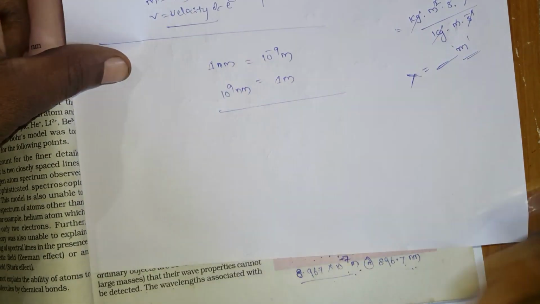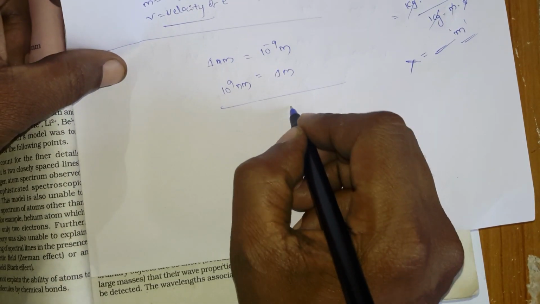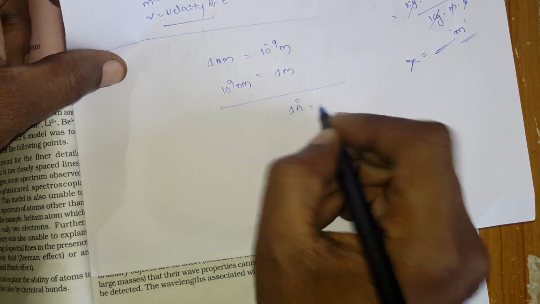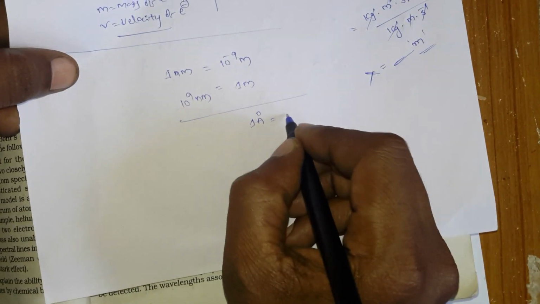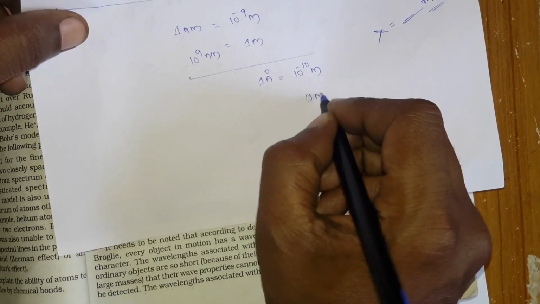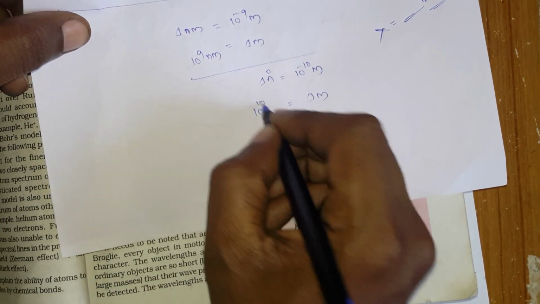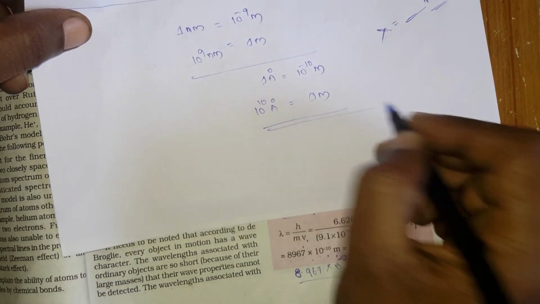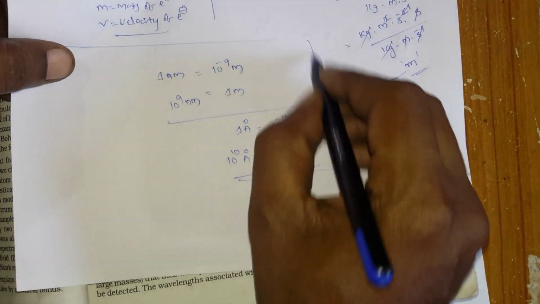And there is one more unit, 1 angstrom is equal to 10 to the power of minus 10 meters, or simply 1 meter is equal to 10 to the power of 10 angstroms. Okay, these are very, very important. You have to know, right?